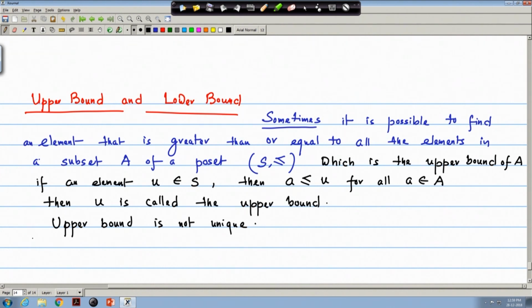Similarly, we can define the lower bound.